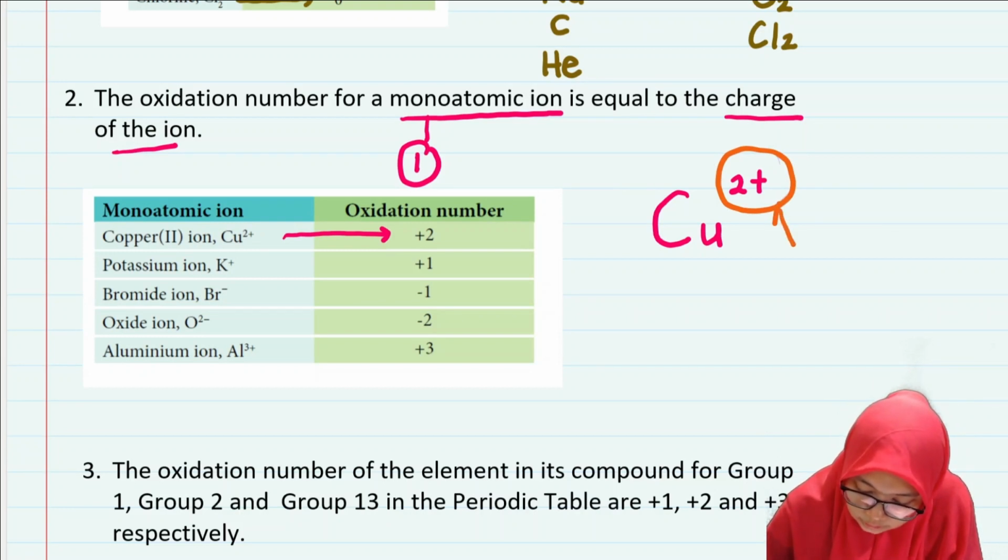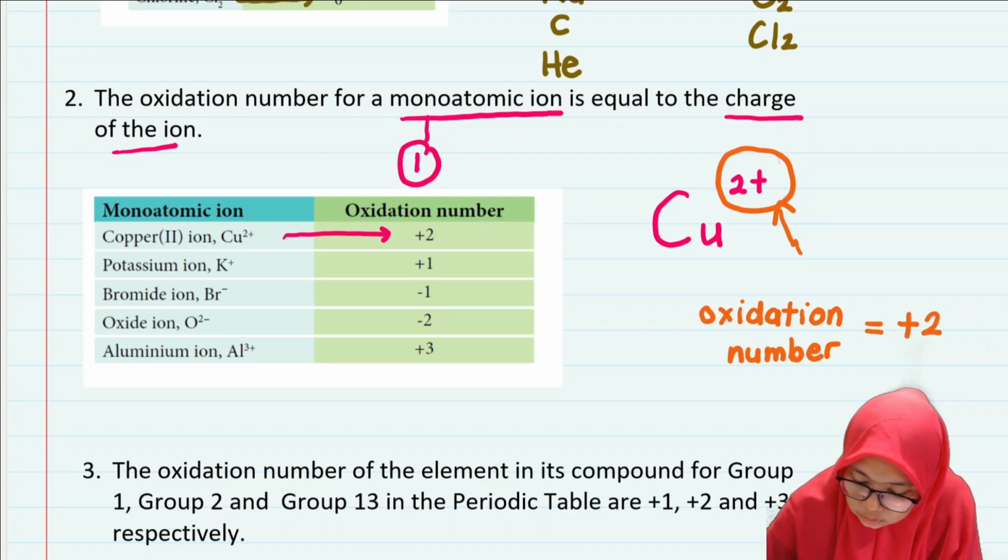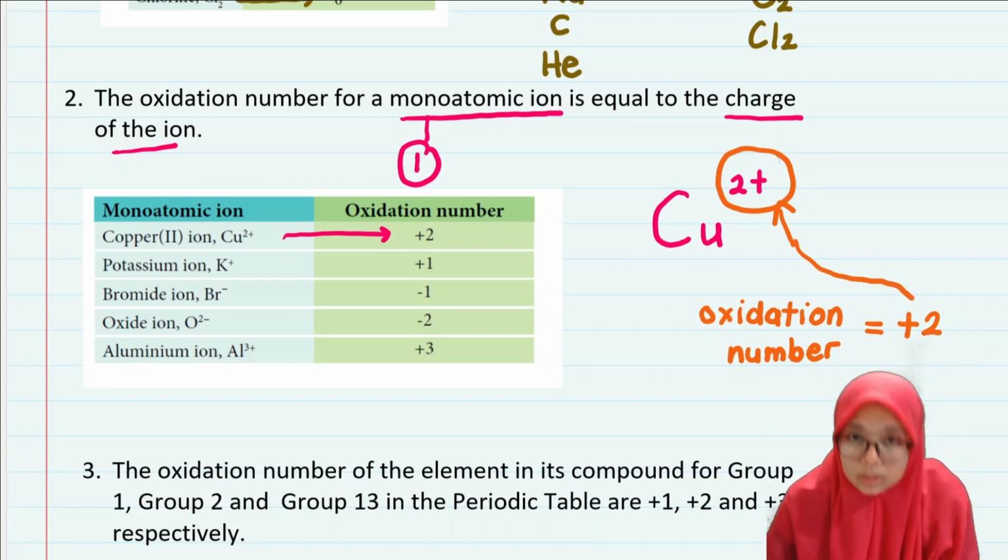If the charge of the ion is 2 positive, the oxidation number for that ion will be positive 2. It is actually according to the charge of the ion.